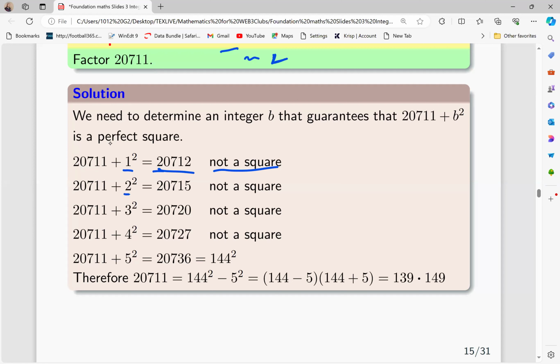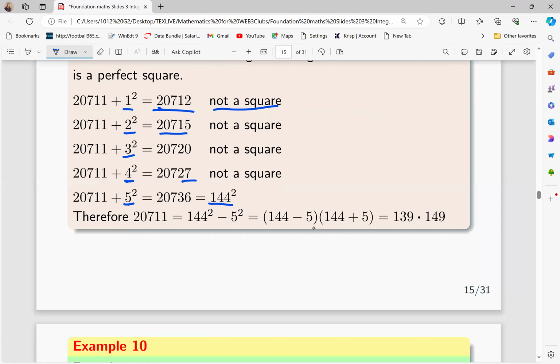Add 2 square, this is what we get. It's not a perfect square. Add 3 square, this is what we get. It's not a perfect square. Add 4 square, this is what we get. It's not a perfect square. Then add 5 square, and we get 144 as the square root.